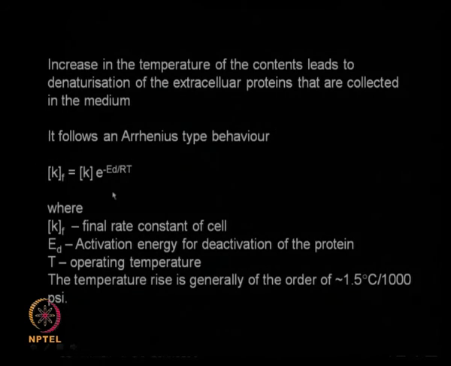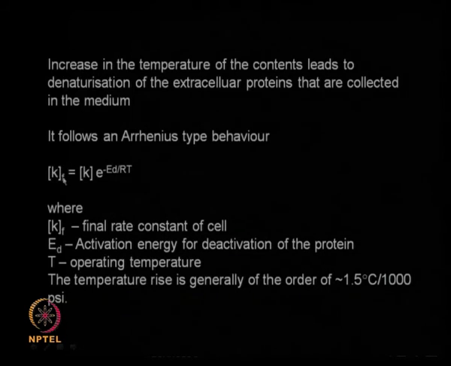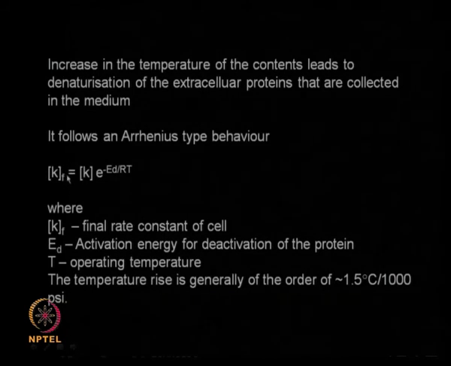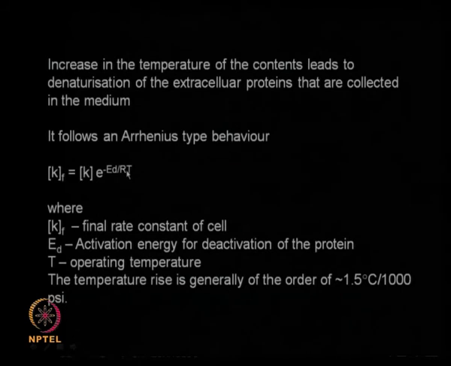So generally it takes this particular form: k, that is the observed rate constant, will be equal to the theoretical rate constant multiplied by e raised to the power minus Ed by RT. Ed is called the activation energy for deactivation, divided by RT. R is your universal gas constant and T is your operating temperature.